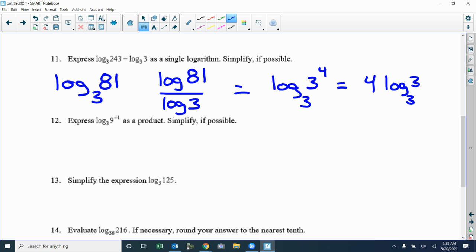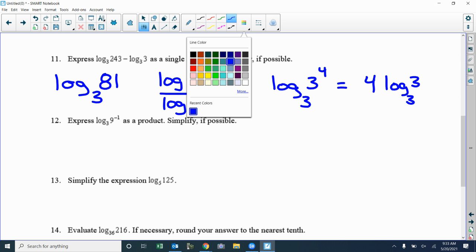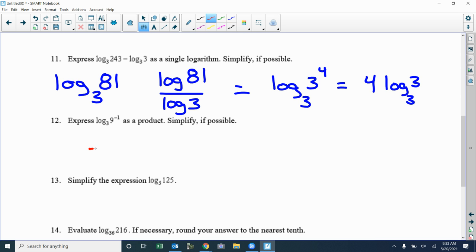This guy here, number 12. Remember, if we have an exponent, we can bring it out front of the log, so we can have -1 out front. Then we can have log base 3. 9 would be 3 to the 2nd. In turn, we can bring that 2 out front.